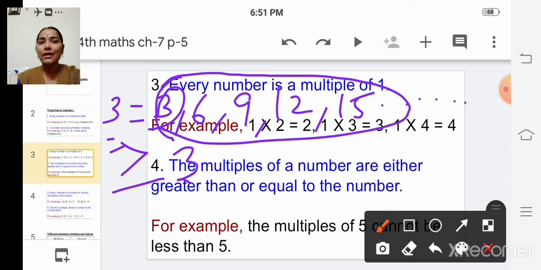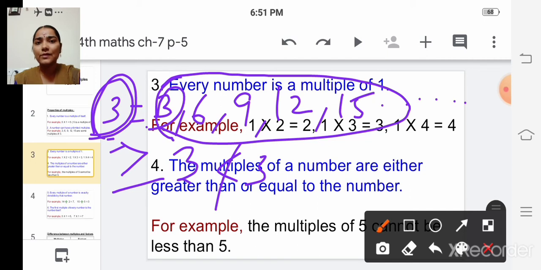Not less than 3, isn't it? If we see the multiples of 3, there is no 2 or 1, because multiples of a number start from the number itself and then increase.